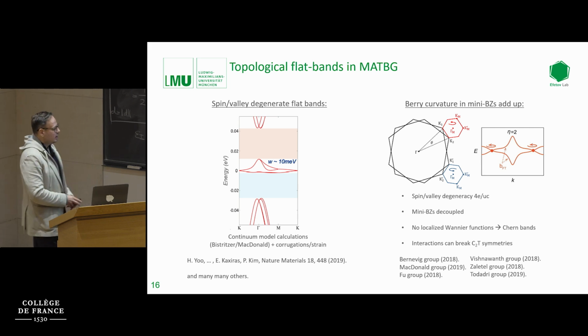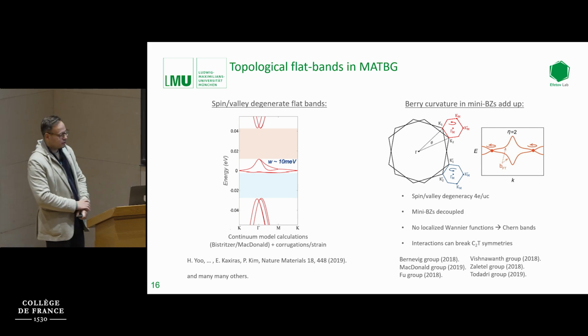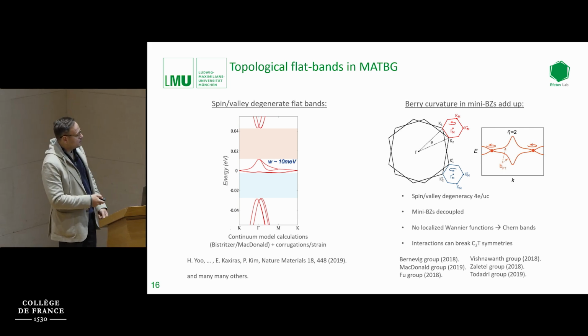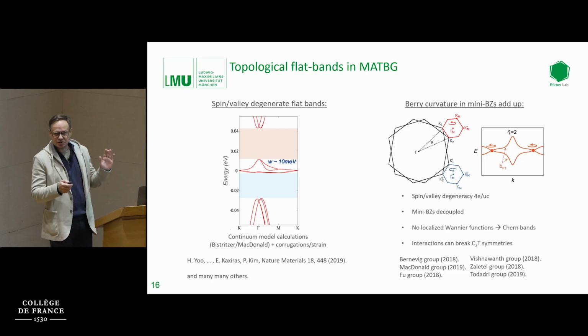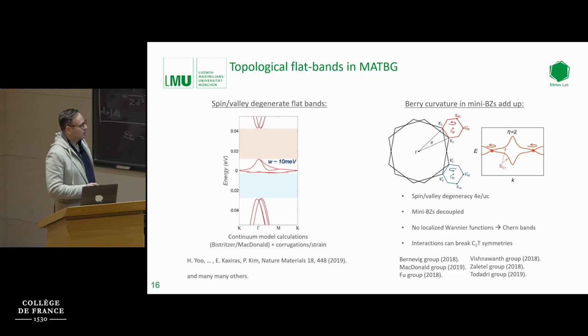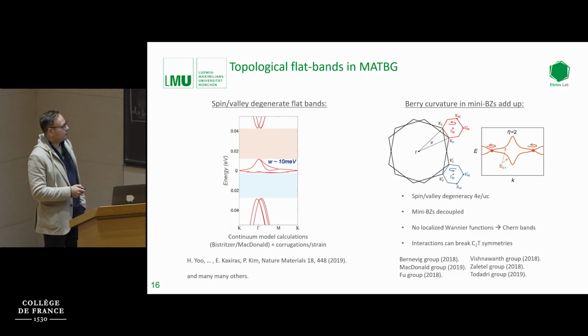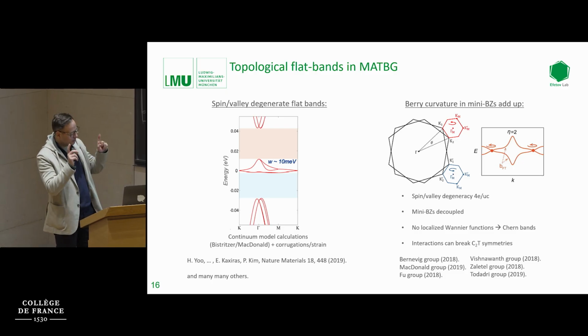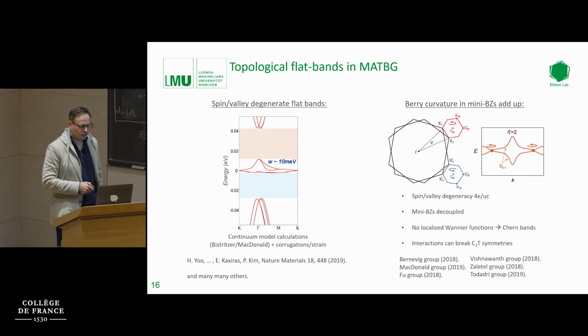In a single particle picture, again from the Bistritzer-MacDonald model, people have of course now taken corrugations and strain, which are important in graphene, into account. But the single particle band structure we have in mind when we talk about twisted bilayer graphene is this one, where we have isolated flat bands at zero energy, which have a bandwidth of around 10 millielectron volts.